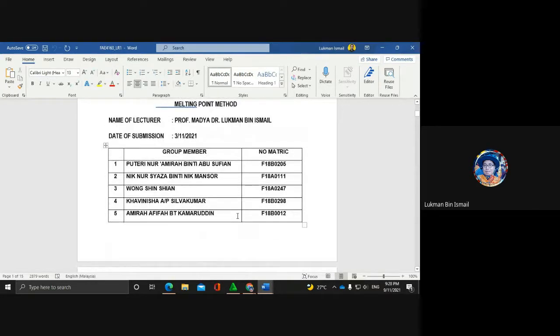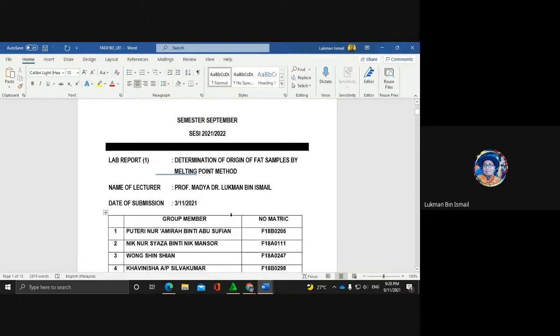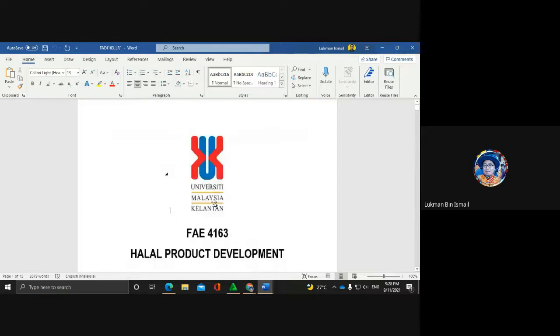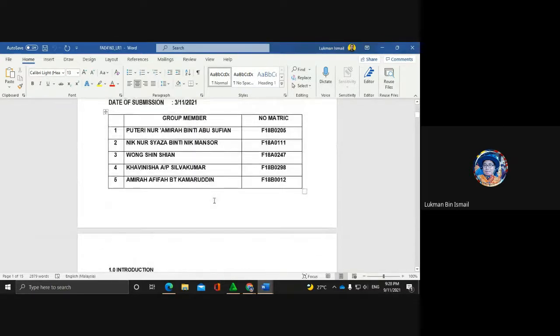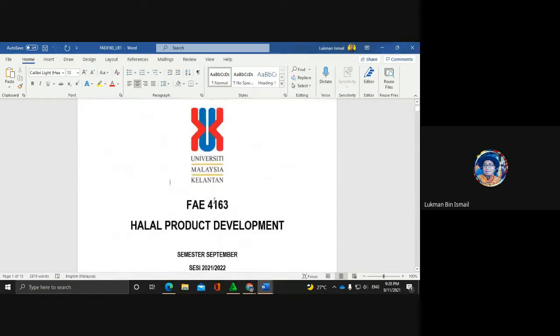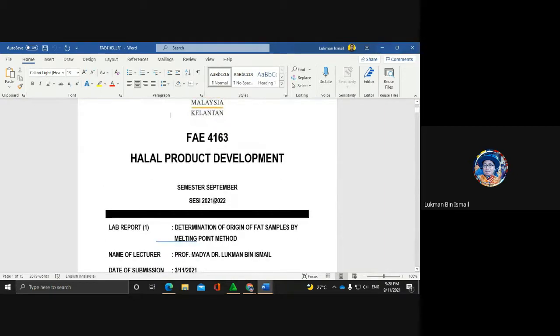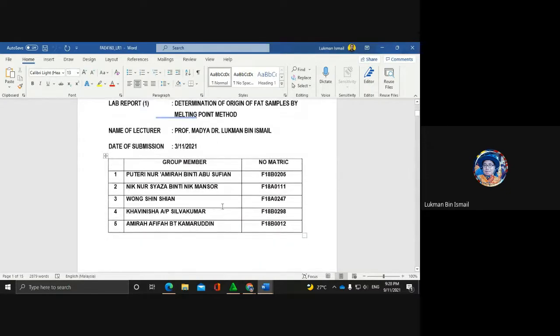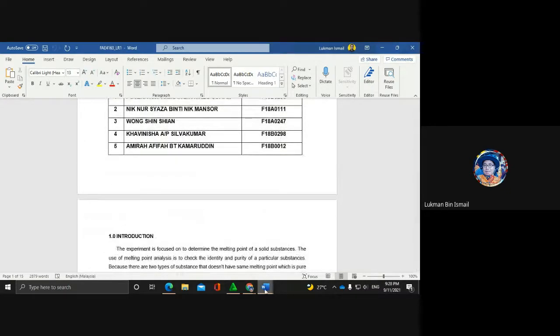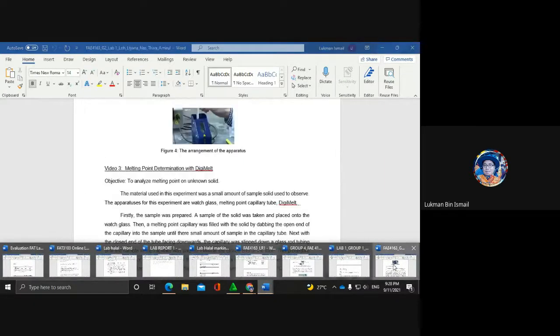Putri Nur Amirah, Nik Nur Shaza, Wong Xingxian, Kavinisha Amirah. I don't know which group this is. This group has not stated which group. We'll see later. Let's go to another group.